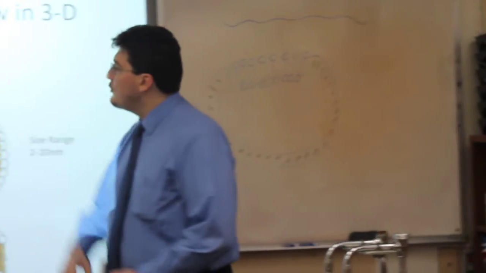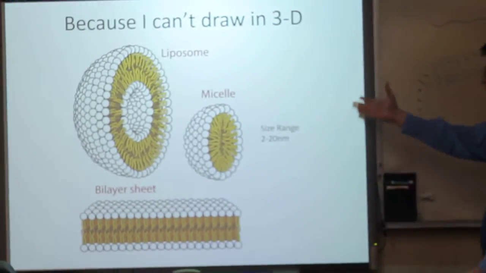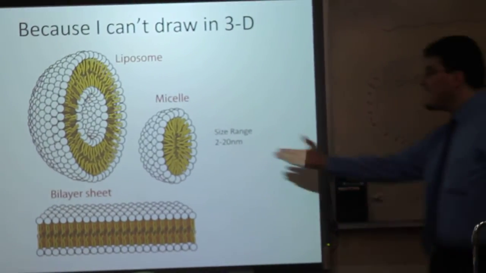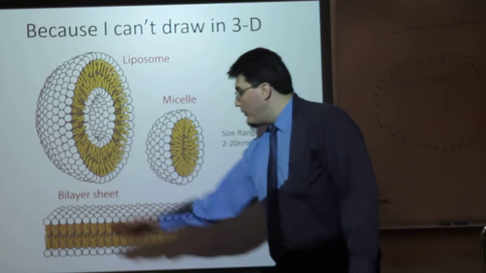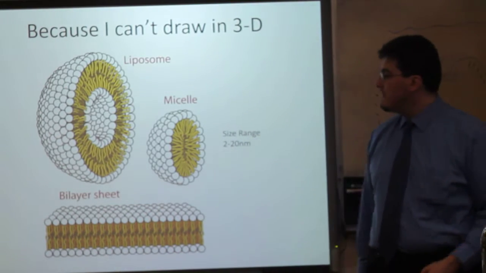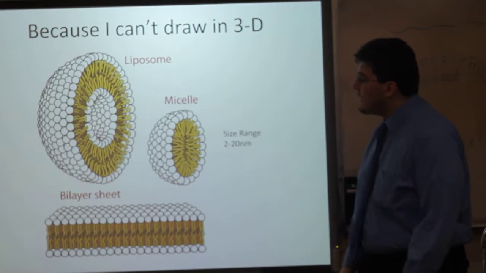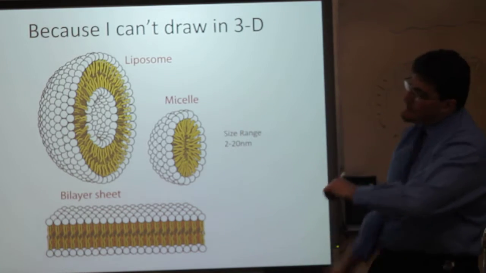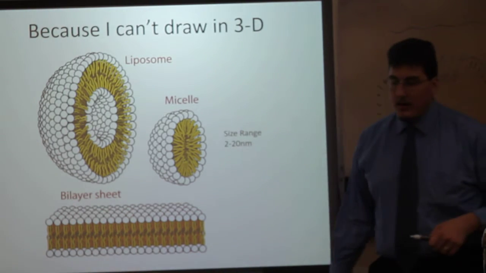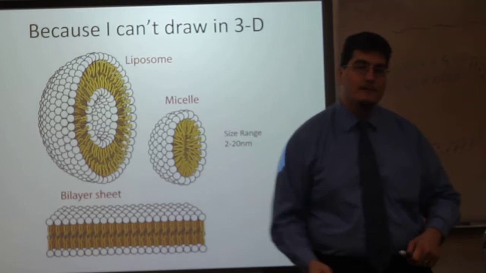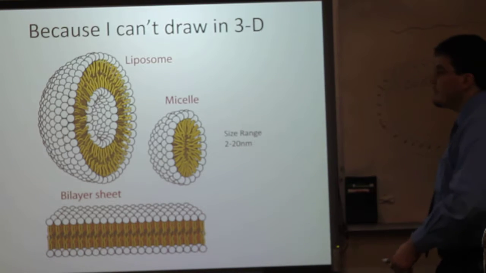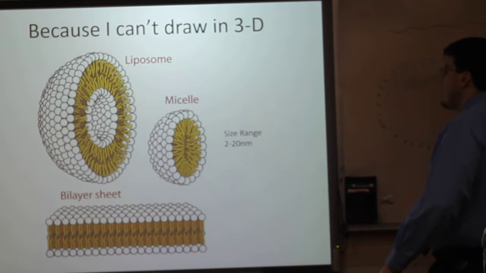So I can't draw too well in 3D, but 3D is how this happens. A bilayer sheet will be a continuous sheet of these phospholipids going on forever and ever in all directions: up, down, side to side. But really this is just in an XY plane anyway.